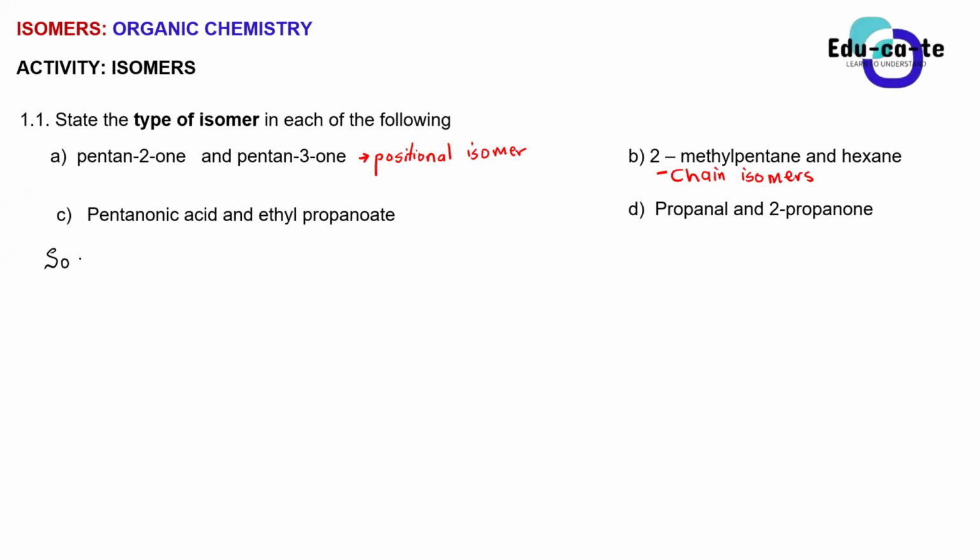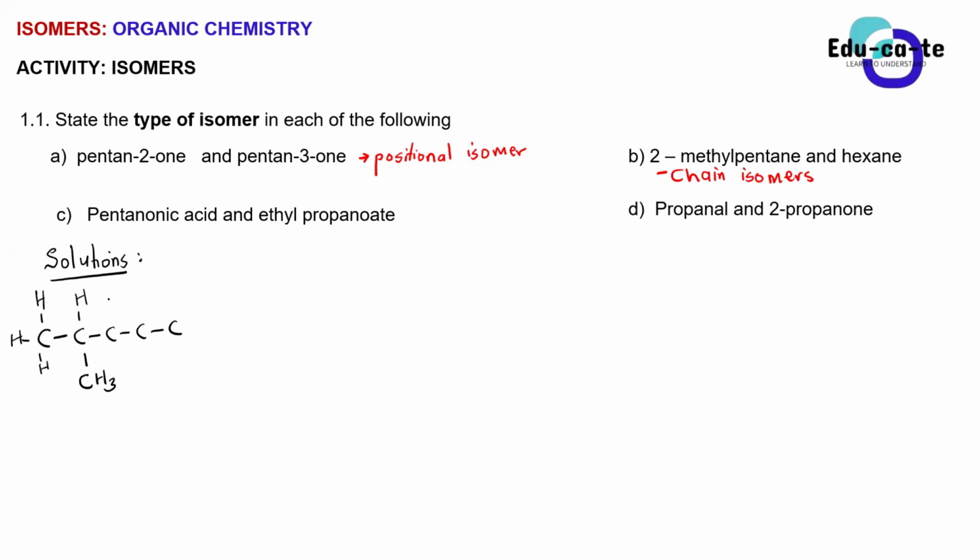For compound B, we've got 2-methylpentane. So it means we've got 5 carbons, and then on the second carbon, we've got a methyl group. So this is your structural formula.